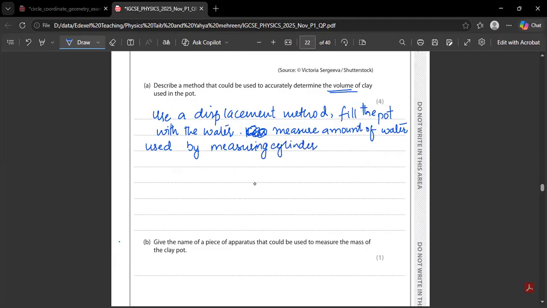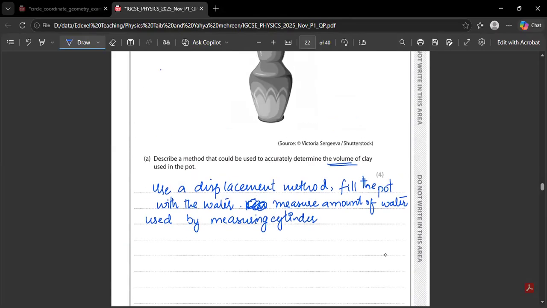First of all, you have to take an amount of water in the measuring cylinder. Okay. And then you have to add that amount in the pot. Okay. So you will come to know how much volume of water is taking space inside this pot. Okay. Right.